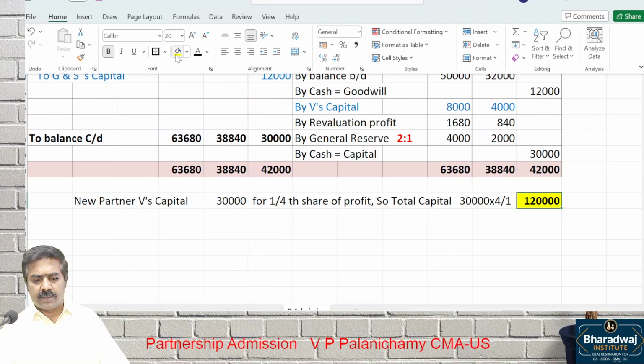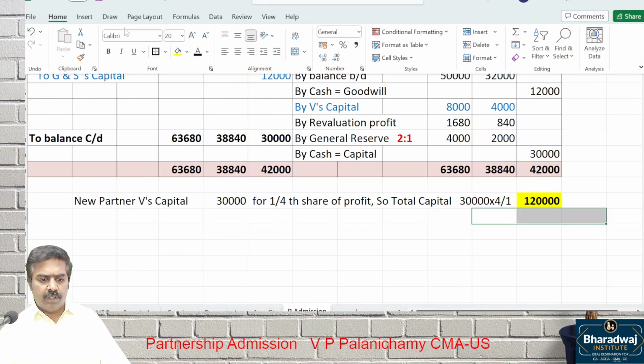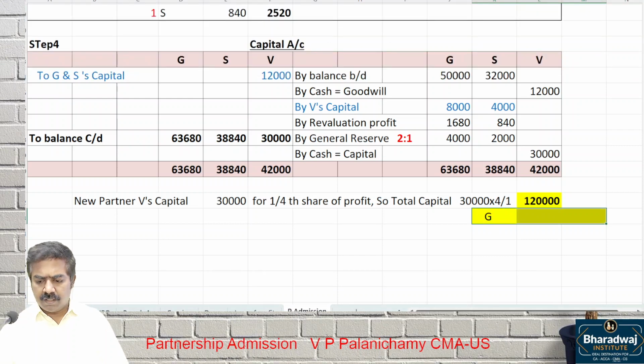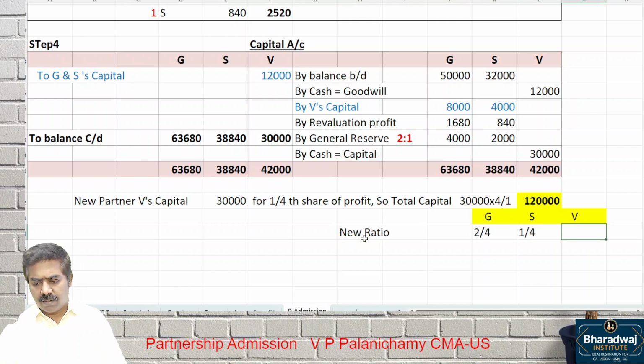This 1,20,000 should be contributed by the partners. Who are the partners? New partners are G, S and V. They should contribute this capital in which ratio? New profit sharing ratio. What is the new ratio? 2/4, 1/4, 1/4.